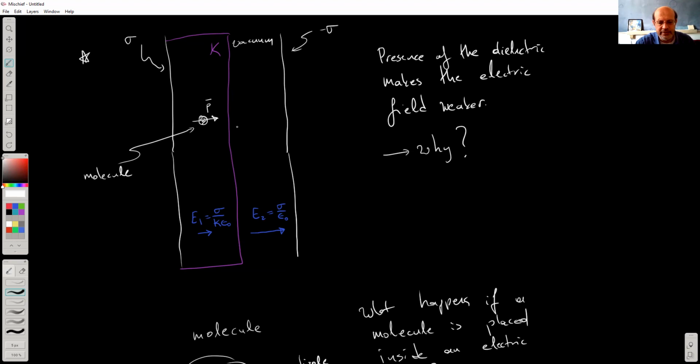There are some unnecessary geometric factors that have to be included in the relationship, so I'm not going to talk about this. So this is qualitatively. The presence of the dielectric makes the molecules polarized, and somehow this makes the electric field weaker. And the question is why? This is the thing that I need to explain.